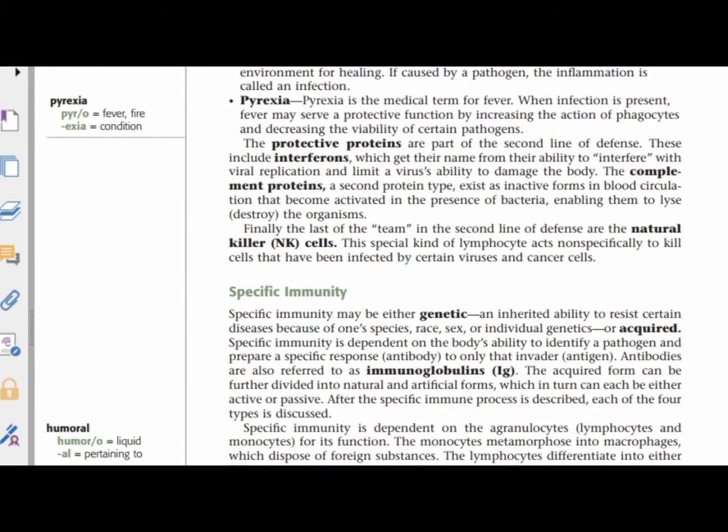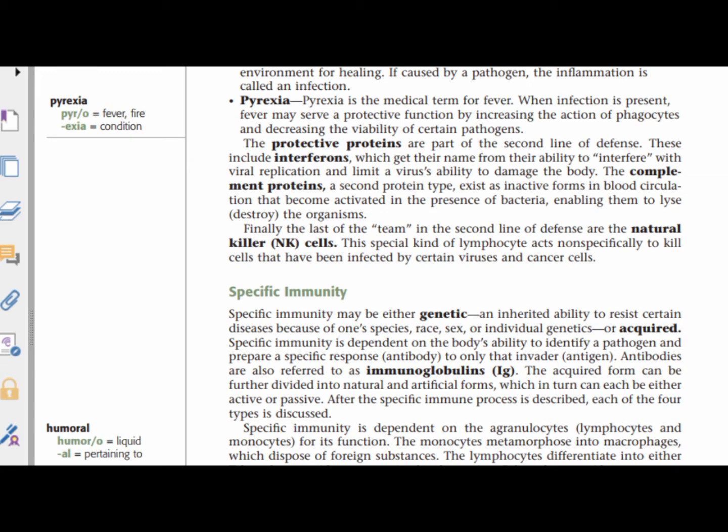For specific immunity, we have two types, humoral and cell-mediated. When we talk of specific immunity, it may be acquired or it might be passive.